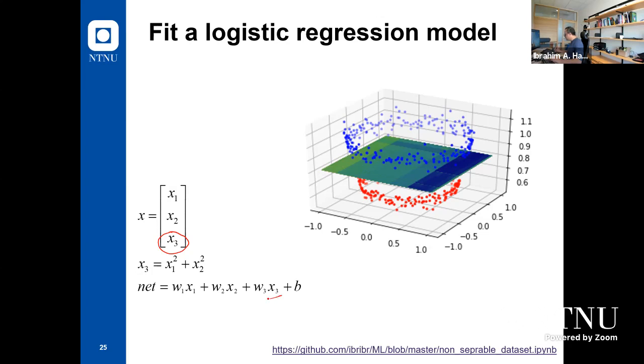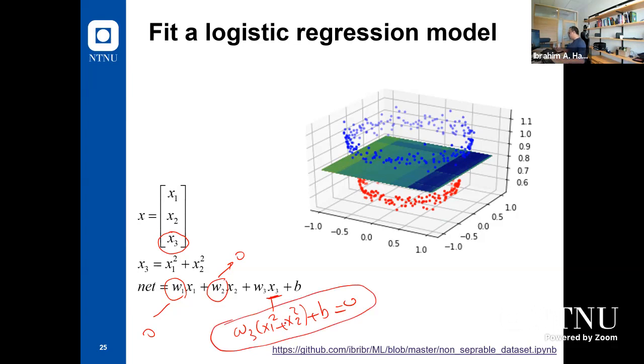But x3 is x1 squared plus x2 squared. So it's multiplied by omega 3, plus b equals 0. Imagine that omega 1 equals 0 and omega 2 equals 0. So the decision boundary will be this one.